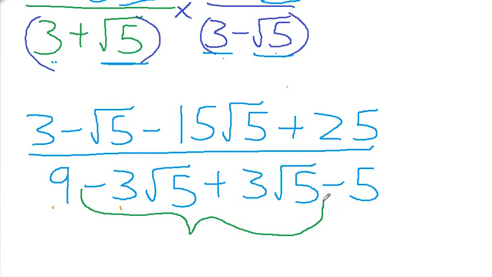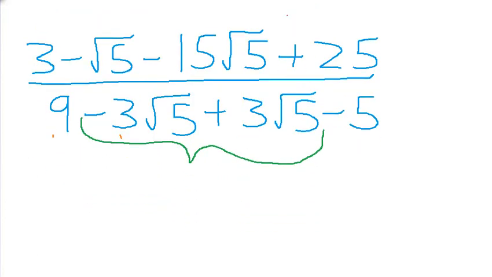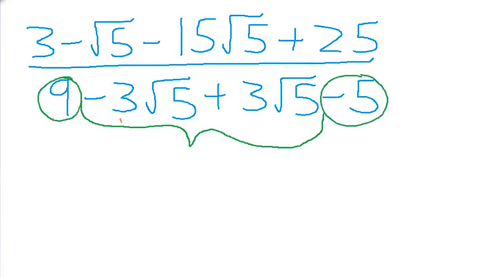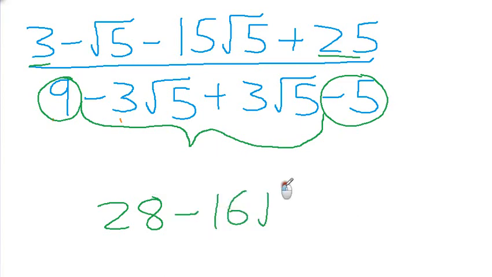That will equate to 0, which means our denominator is going to be 9 minus 5. So let's group the top. We've got 3 and 25, which is going to give us 28. Minus root 5 minus 15 root 5 is going to be minus 16 root 5. 16 root 5 over 9 minus 5, which is 4.